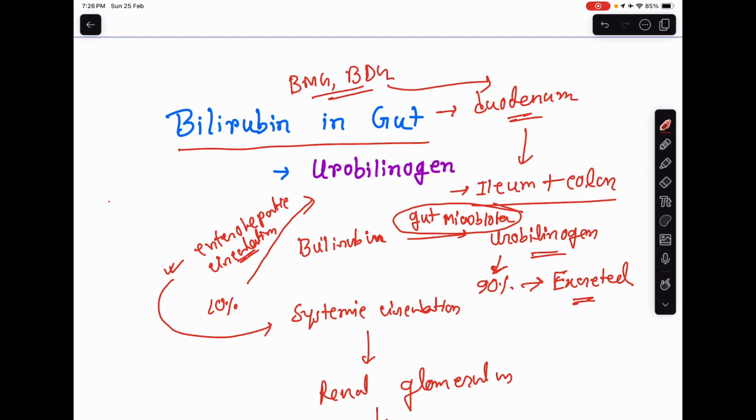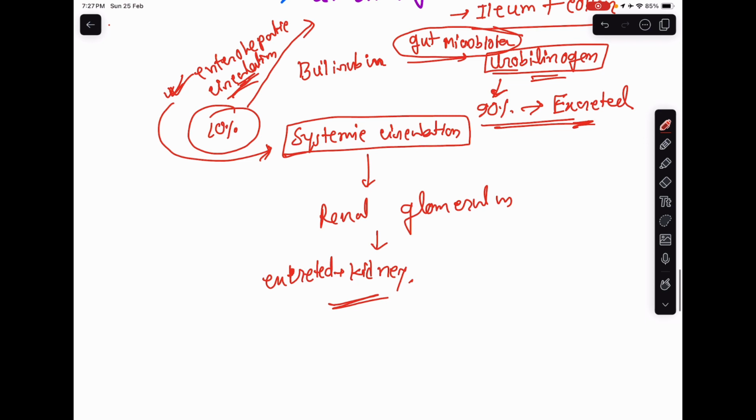Then urobilinogen is formed. 90% of the urobilinogen is excreted through feces, and 10% undergoes enterohepatic circulation. A little bit of this urobilinogen is not taken up by the liver, rather it enters the systemic circulation and the renal glomerulus, from where it is excreted through the kidney, that means with urine.